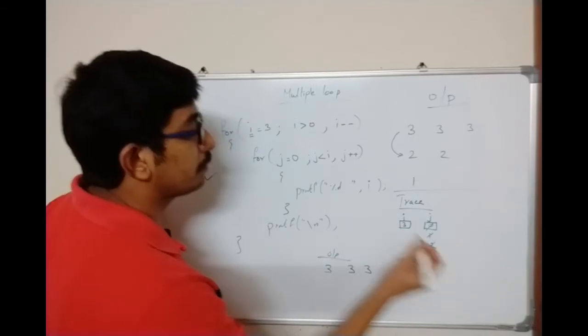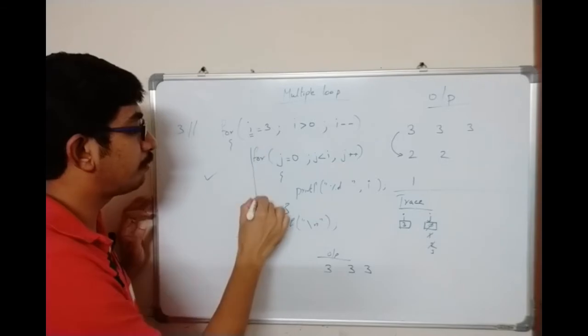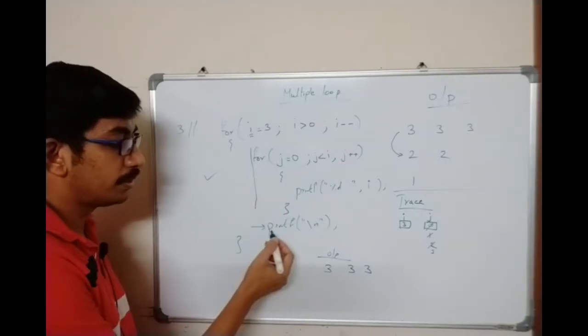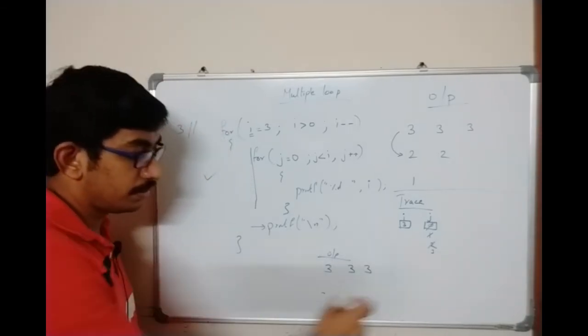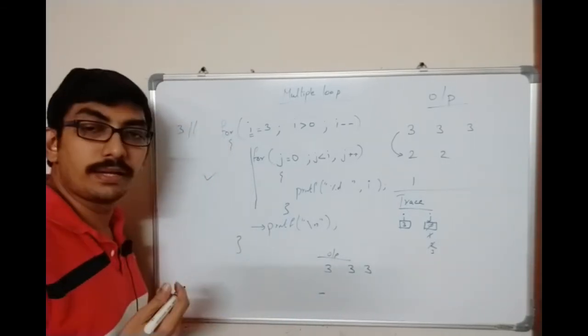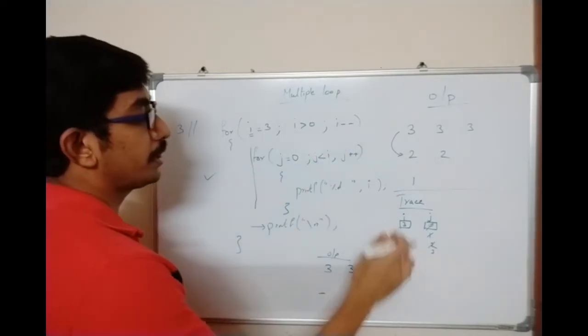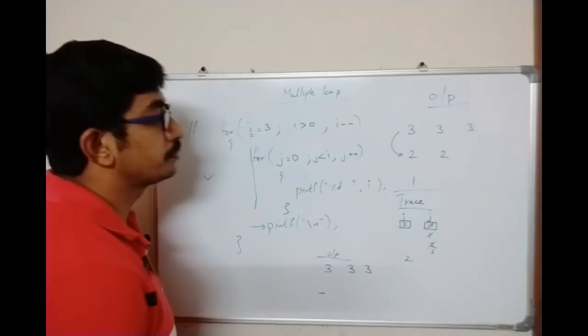Now j becomes 3, 3 less than 3 is false, so it will come out of the inner loop. Then it will execute printf with the newline, so control comes to the next line, and the value of i will be modified: instead of 3, i becomes 2.